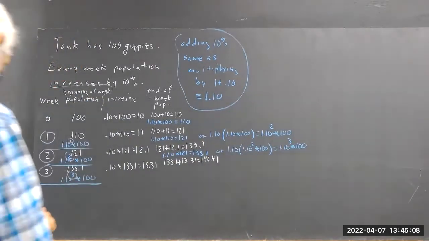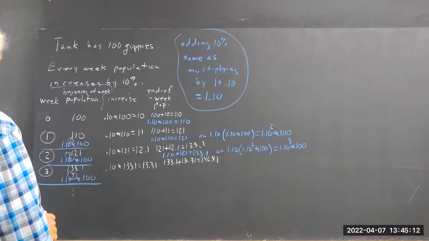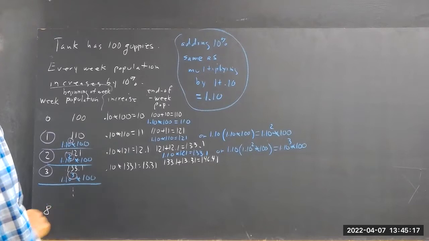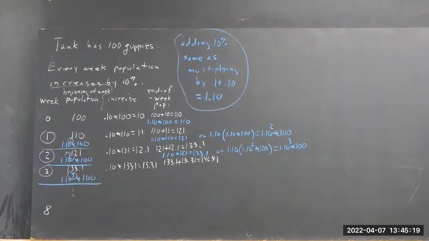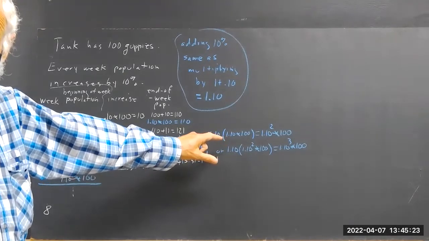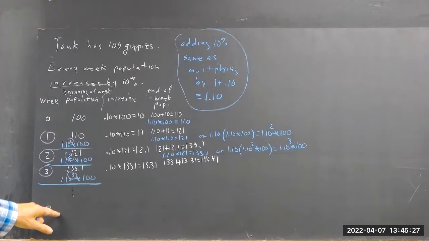So, let's see if you're following this. How much do we have after 8 weeks? We really don't have to do any of this once we see the pattern. Can you write out what we would have after 8 weeks?